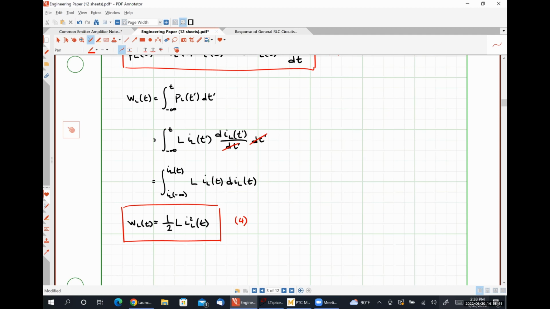The third equation allows you to determine the power absorbed by an inductor. And the fourth equation allows you to determine the energy absorbed by an inductor. For your exam, I expect you to know all 4 of these. You are not allowed an equation sheet, okay? So I have made a point to box them in and bring your attention to them. It is very, very critical that you get these relationships by heart.